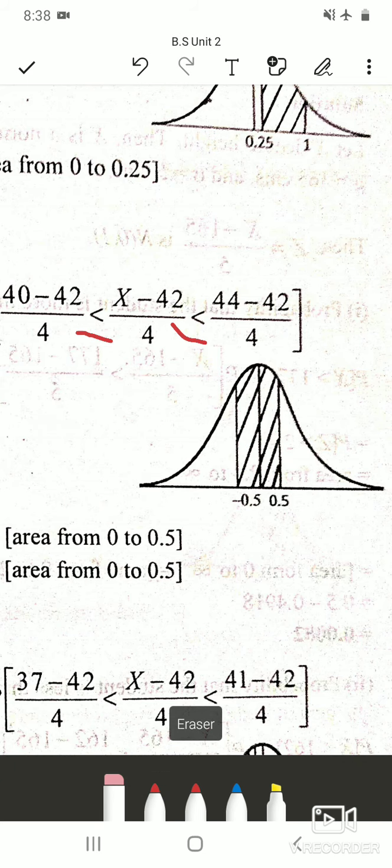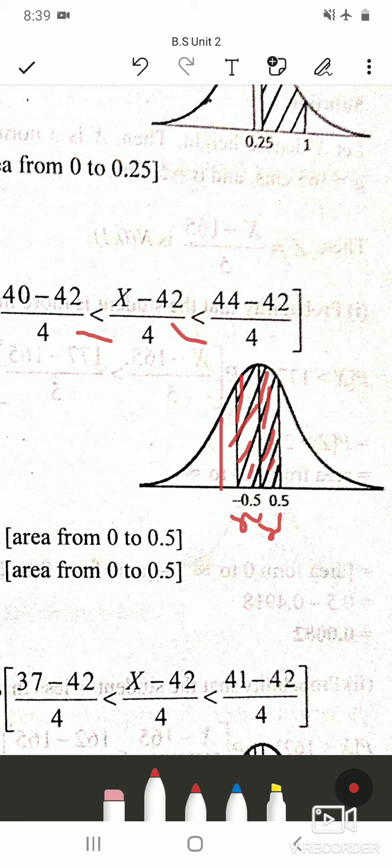For this, we know the area from 0 to 0.5, which is found from the table. The negative side is again the area from 0 to 0.5, because it is a symmetric distribution: the area from 0 to minus 0.5 is the same as the area from 0 to 0.5.